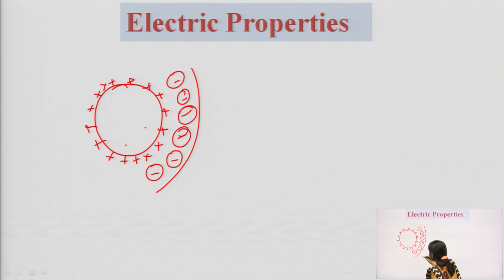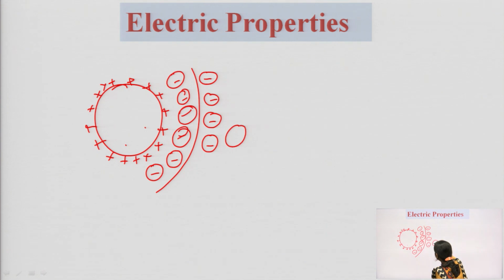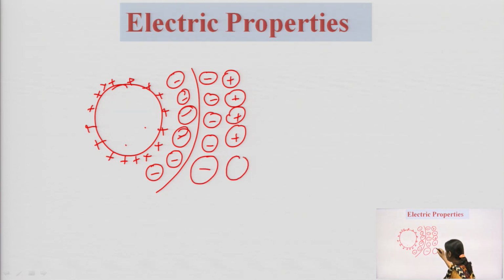So, this is your tightly bound layer, but as here the positive charge is still more compared to the negative charge, it still has the ability to attract some negative charges, but in this layer some positive charges will also be attracted.